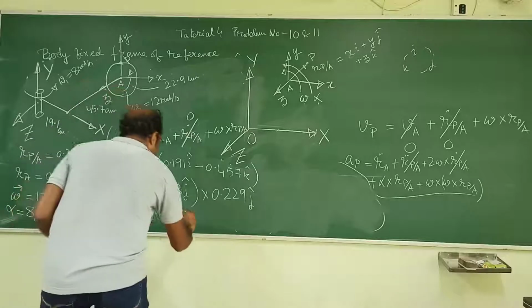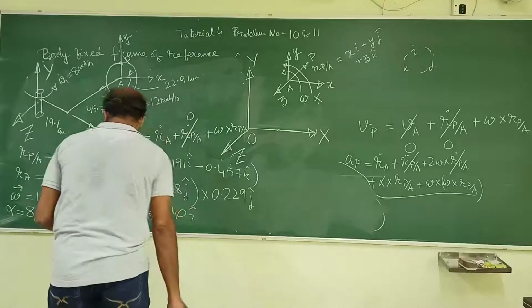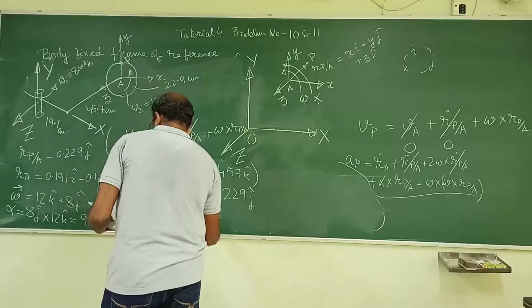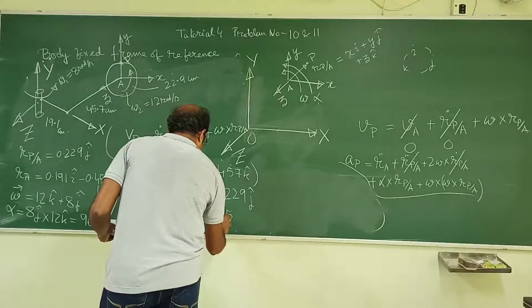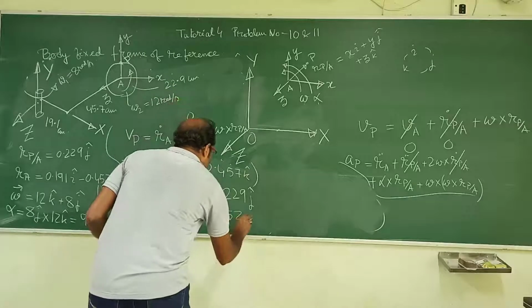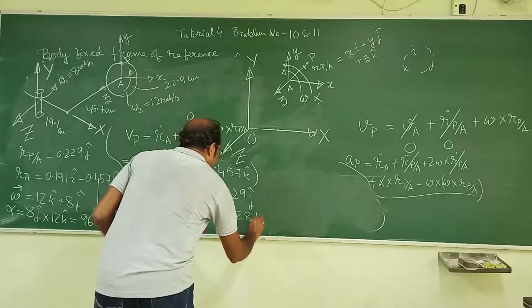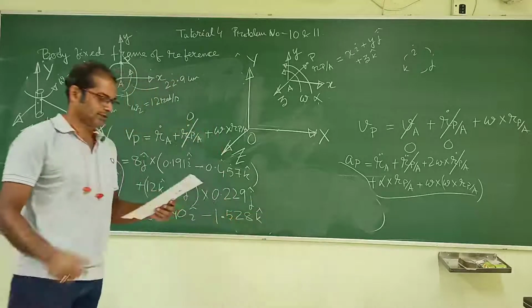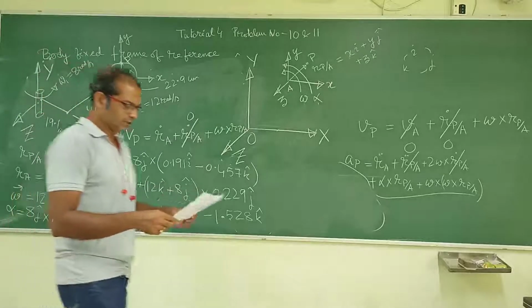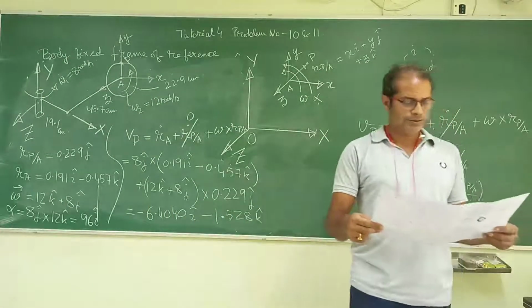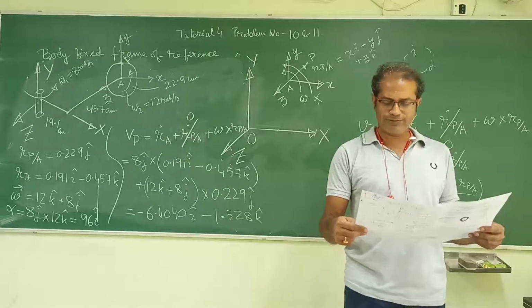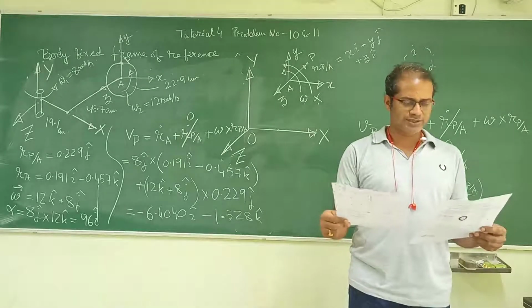I got 6.4040 I minus 1.5528 K. Yeah, 6.35, 1.5, to some extent it is all right.